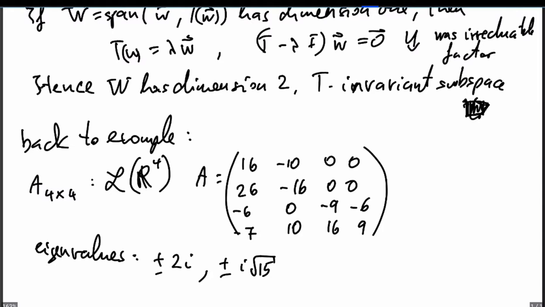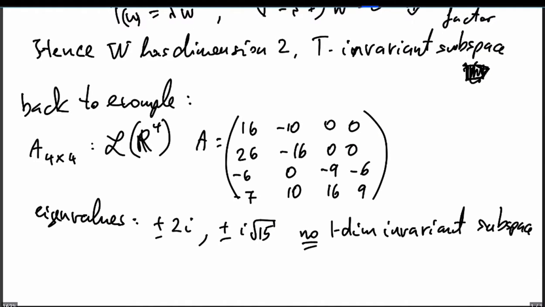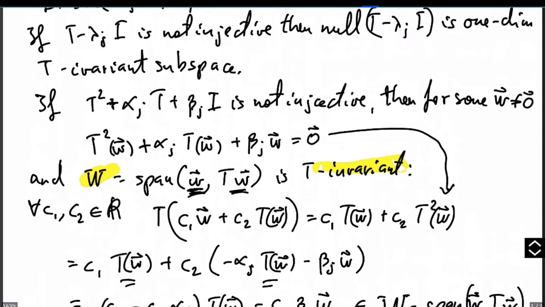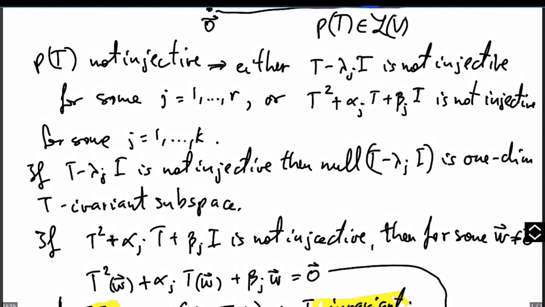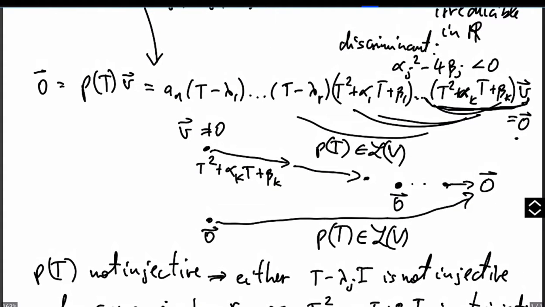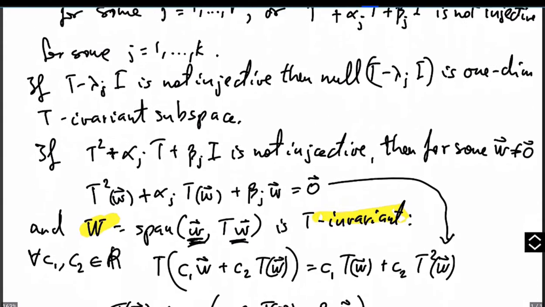Complex eigenvalues. That means we don't have one-dimensional invariant subspaces. So let's see about two-dimensional ones. According to the previous theorem, we obtain this from the quadratic factors in the characteristic polynomial. One of them is supposed to be not injective.